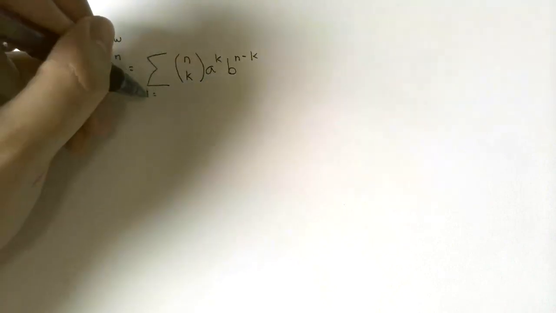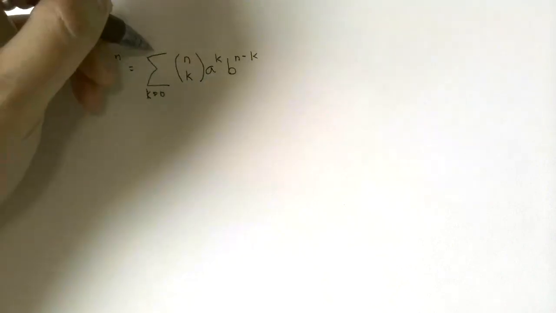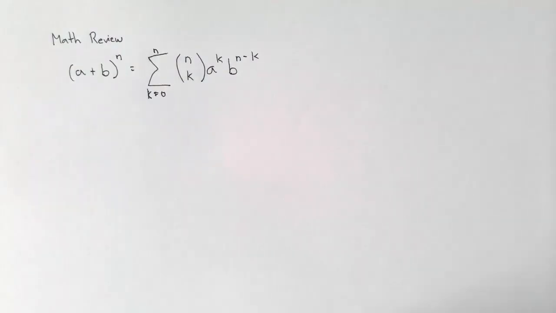Now, if you're not familiar with the binomial expansion, if you haven't done series and stuff, it's okay. Essentially, if we take 2 constants, a and b, then the binomial expansion tells me that I can find a plus b elevated to the power of n by simply adding up n choose k, a to the power of k, and b to the power of n minus k, from k equals 0 all the way to n.